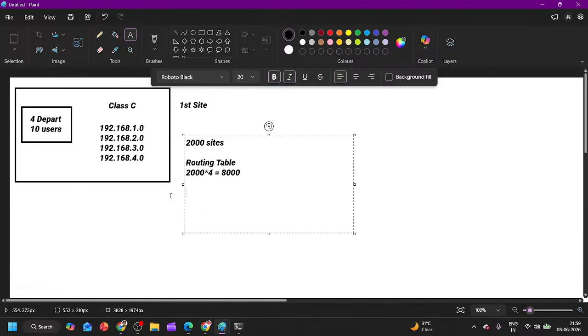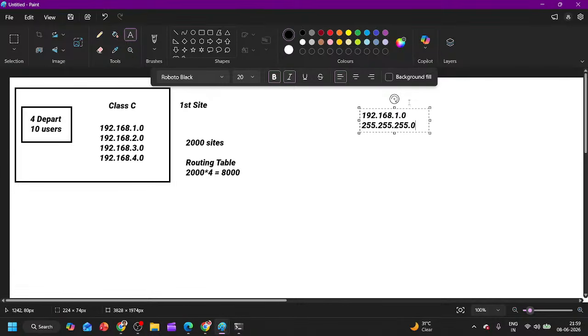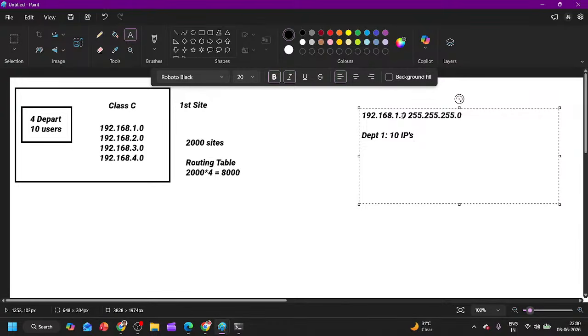The solution is, instead of using 192.168.1.0 and subnet mask 255.255.255.0 for one department where I only need, let's say for department 1, 10 IPs, what if I increase the number of network bits?